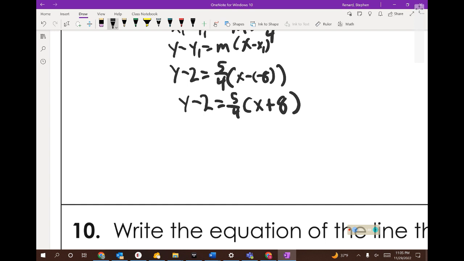Okay, so now we go on to step 5. And in step 5, all we're doing is returning the rather non-specific form into a specific one. Remember, we went over this in class. There are an infinite number of different point slope forms for any given line because there are an infinite number of points. So you can take any one of those points and make a point slope form out of it.